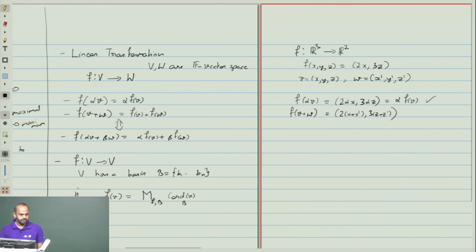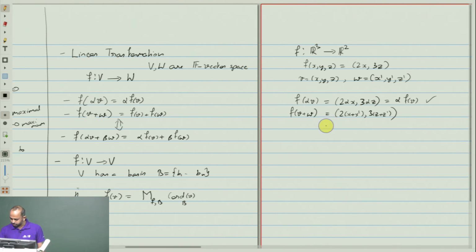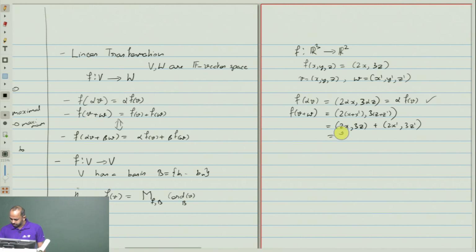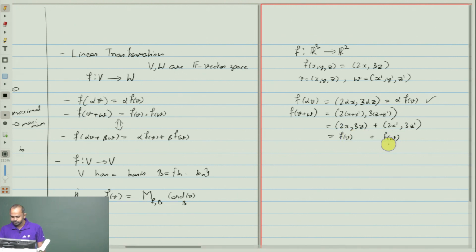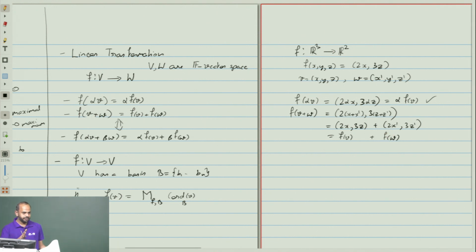Now this is also equal to 2x comma 3z plus 2x prime comma 3z prime, and this is nothing but f of v plus f of w. So you need to do this verification. Whenever you say something is a linear transformation, you need to verify that this indeed is true.